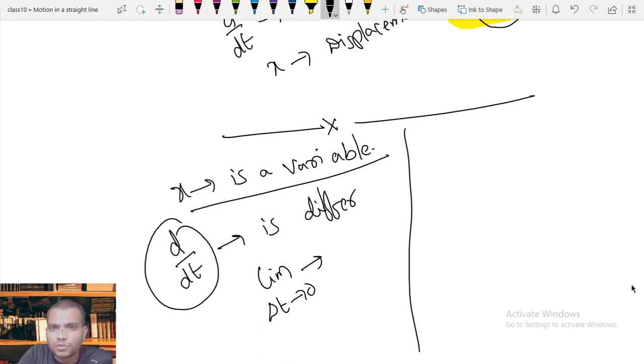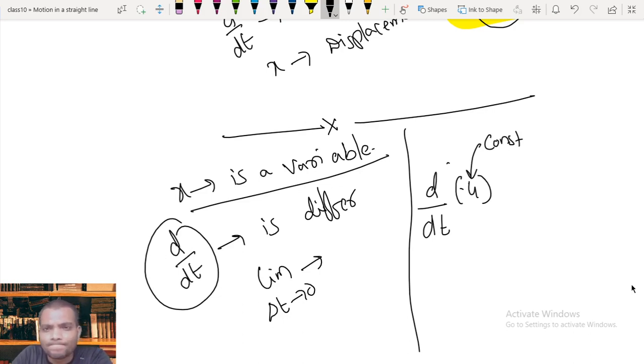Suppose you want to do differentiation for a number, d by dt of a number, let me take 4. This number we call a constant. A constant is not a variable, it is not changing.